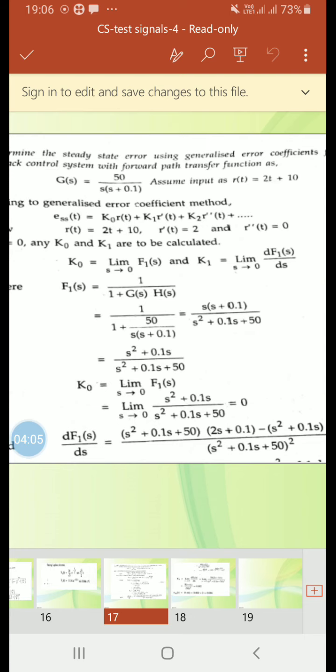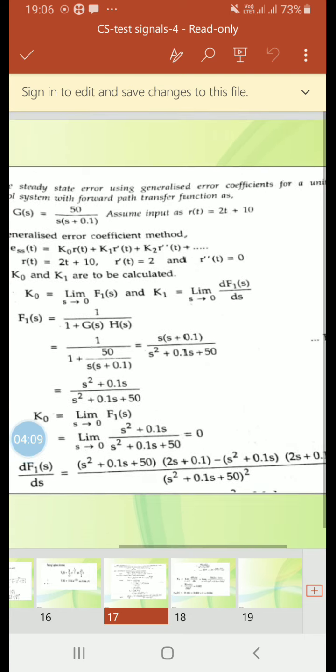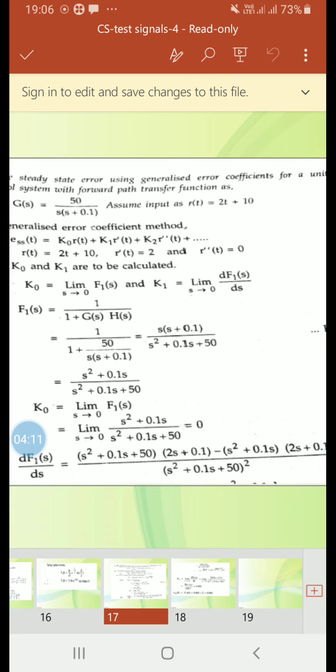Now dF1(s)/ds we will find, which is the derivative of F1(s) with respect to s.